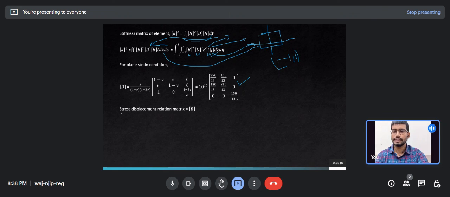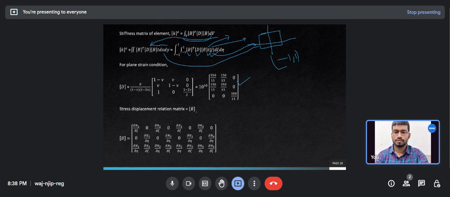And B is the strain displacement relations matrix. Here we have considered the four-noded element. That's why we have 4 into 2, that is 8 degrees of freedom. That's why the size of the B matrix is 3 by 8.